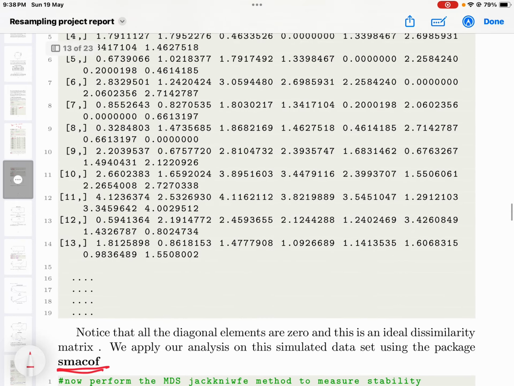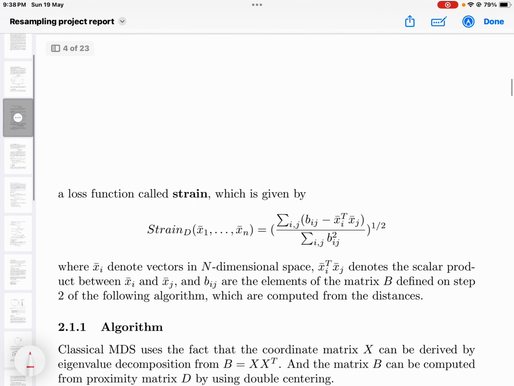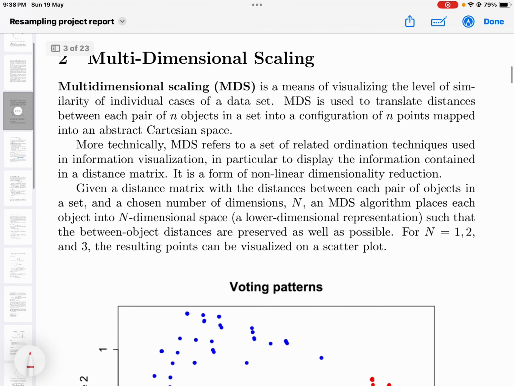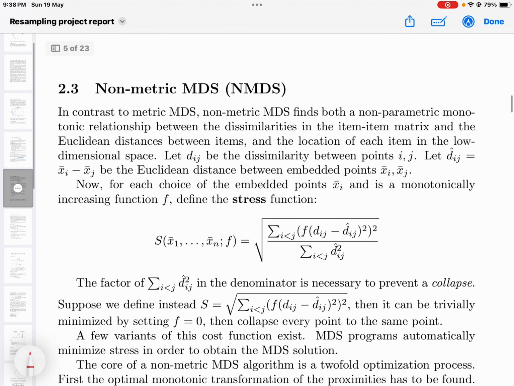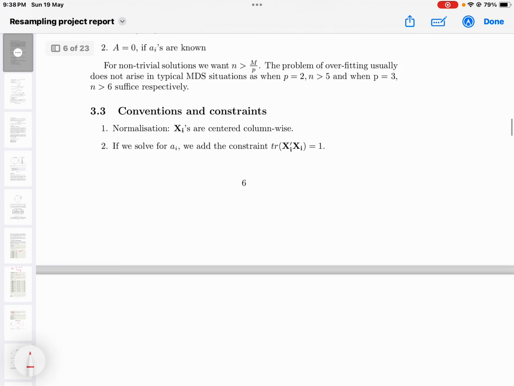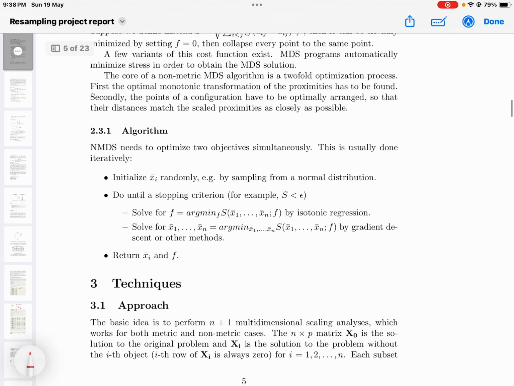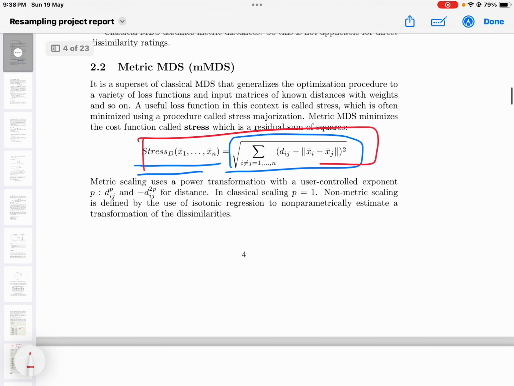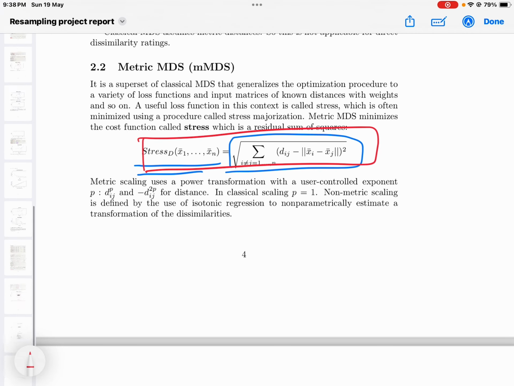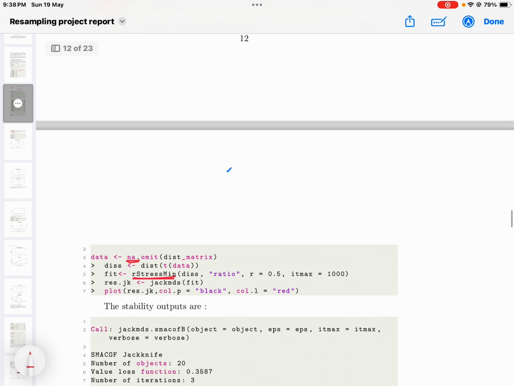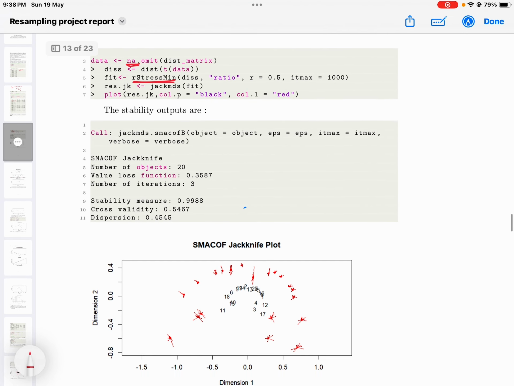The stress function has been discussed in the report before. This is the stress function. So we compute this stress function and then minimize it to get the classical MDS solution.